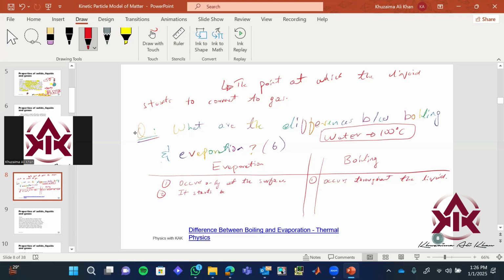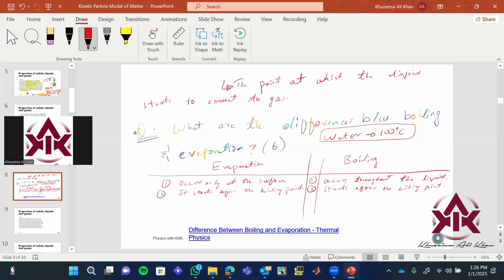So it starts before the boiling point of any liquid. So for water, it is 100 Celsius. For mercury, it can be different, right? And boiling basically starts after the boiling point.